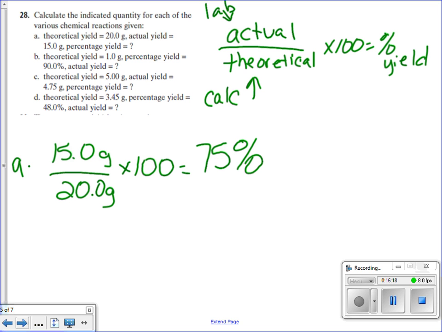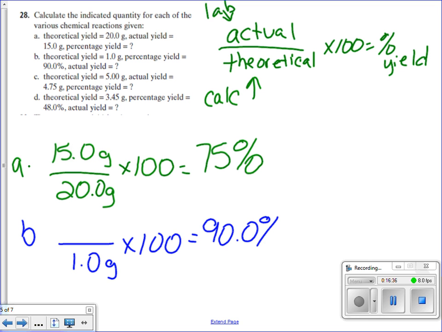Letter B. They give us the theoretical yield and the percent yield, and we have to solve for the actual yield. So our theoretical is 1 gram, and our percent yield is 90%.